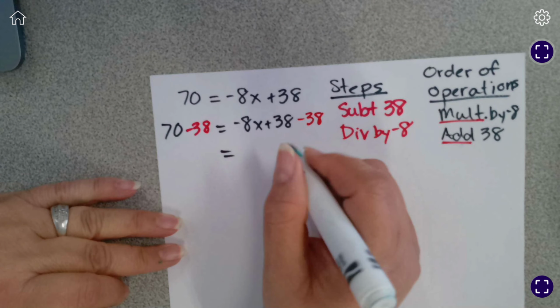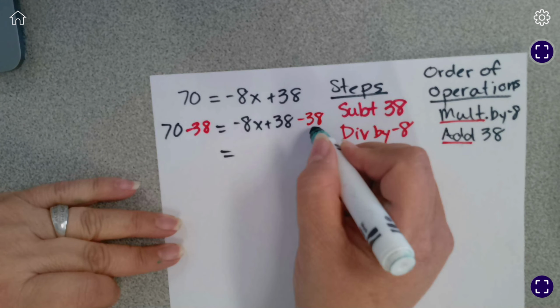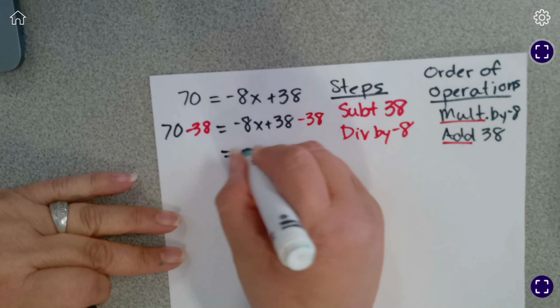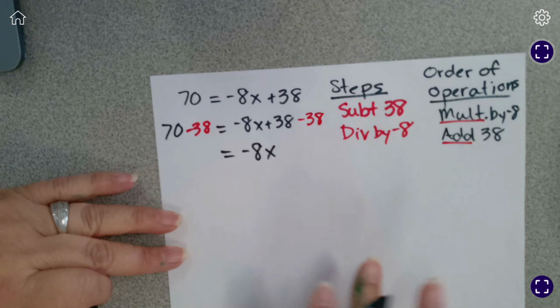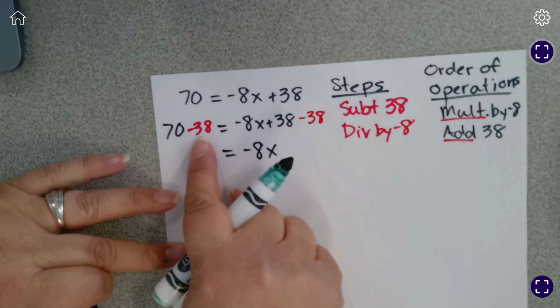And we have this adding a 38, subtracting a 38 cancels or becomes 0. And we're left with -8x. 70 minus 38, well, 70 minus 30 is 40. 40 minus 8 is 32.